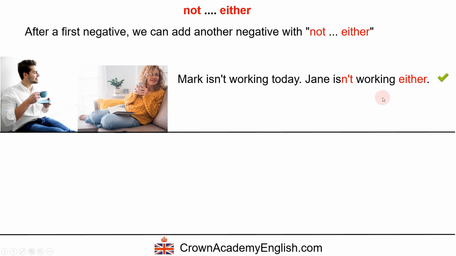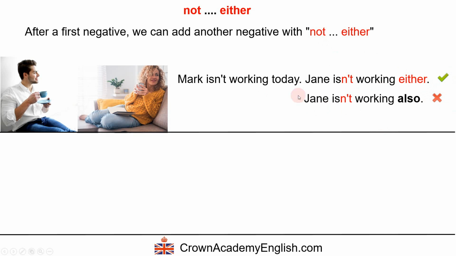But with the second one, we can use either. So we say Jane isn't working either. Okay, so we have n't, this is the contracted form of not, and we have either after the verb. So this is correct. But this is a common mistake.